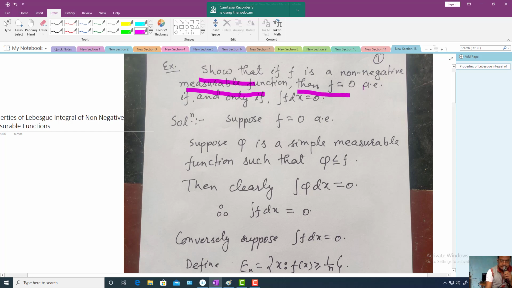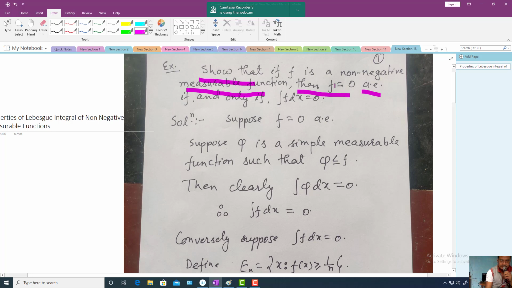We have already learned the meaning of almost everywhere. Let me repeat again: the function is 0 everywhere except on a set of measure 0. That means the function is not equal to 0 only on a set whose measure is equal to 0. That is the concept of f equal to 0 almost everywhere.